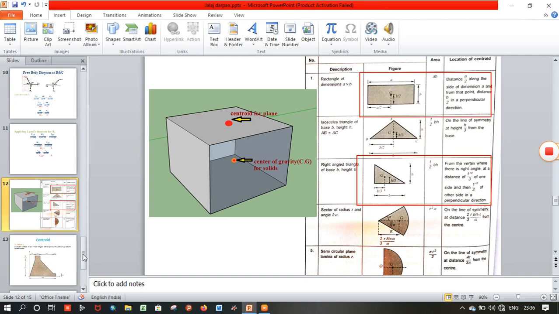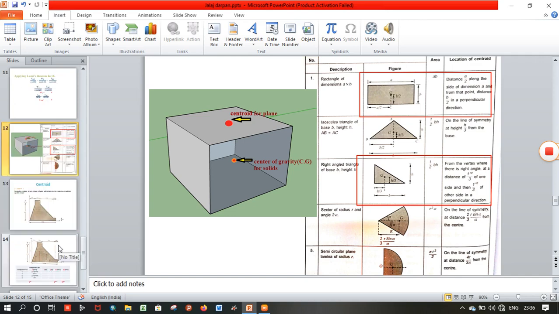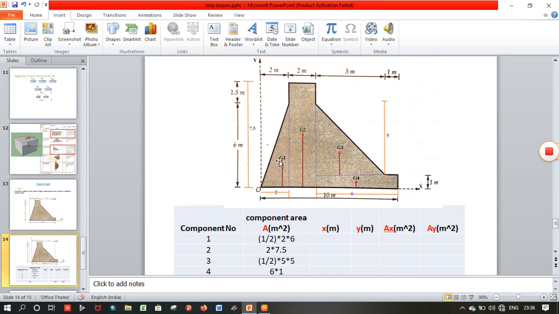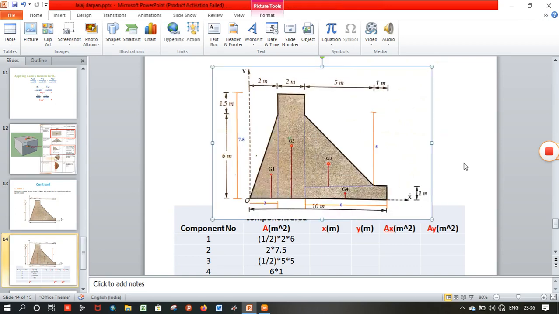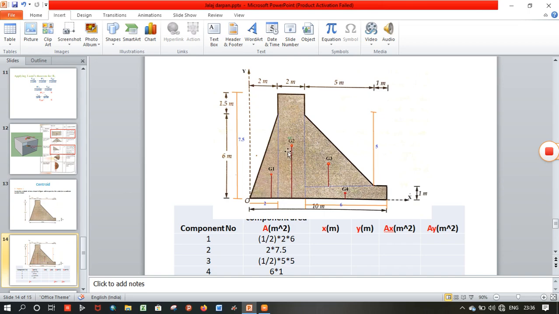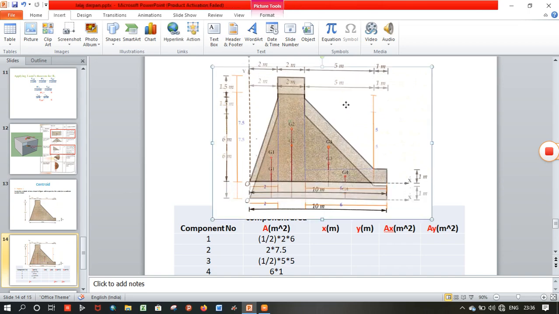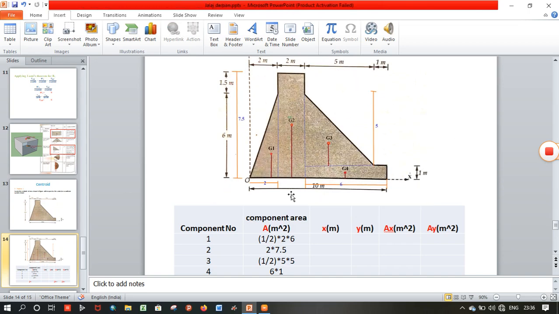So now come to here. First for the right angle triangle G1. First the shorter distance from here to here is h by 3 for the longer side.